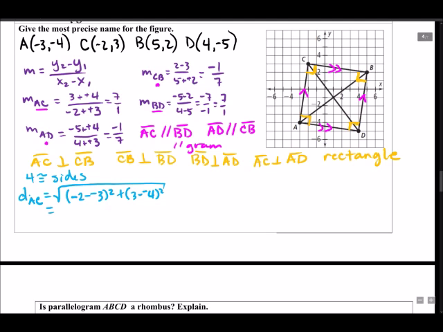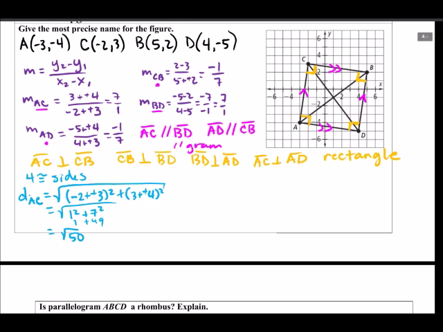That is -2 plus 3, square root of 1 squared plus 3 plus 4 is 7. Is that right? Yeah, that's right. 3 plus 4 is 7, so 7 squared. So that's 1 plus 49. It's a square root of 50.